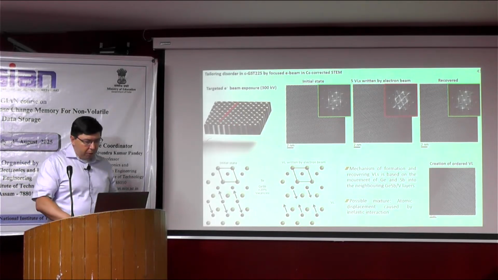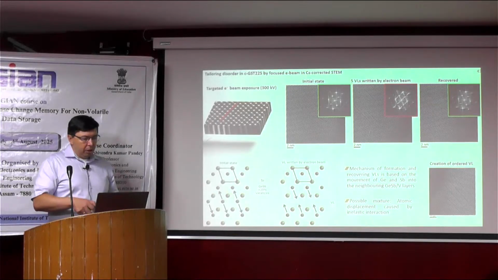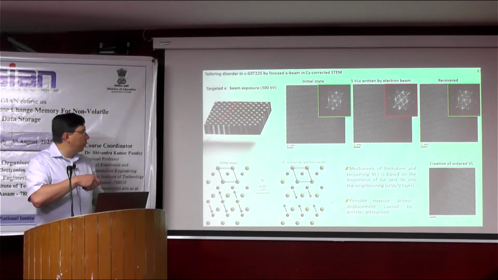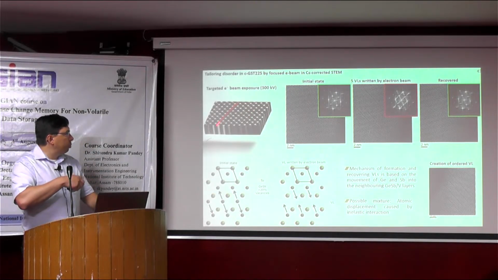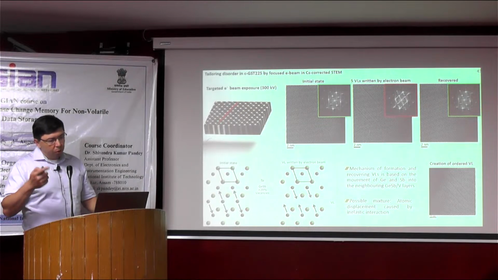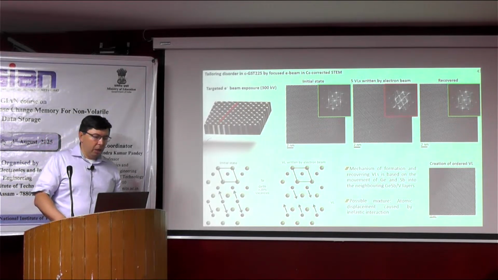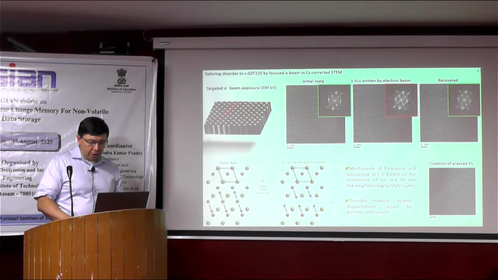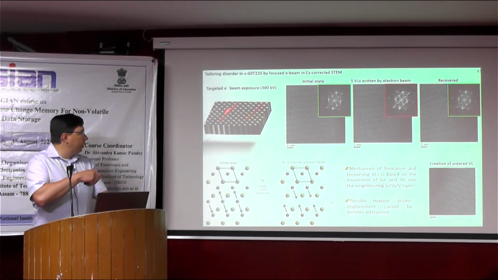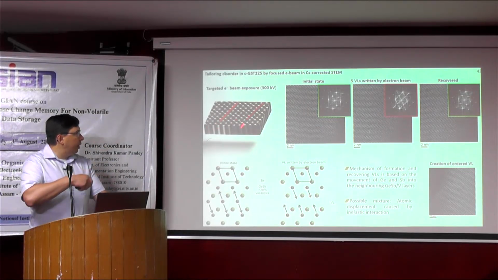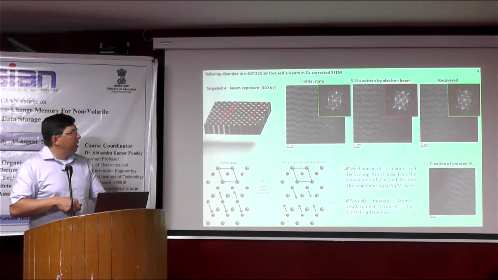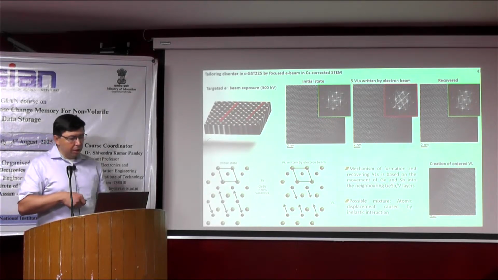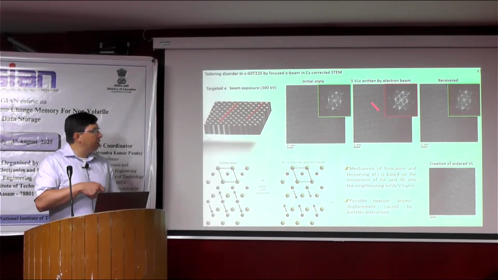If you scan along the germanium and antimony cation layers, we know already that they contain around 20% of vacancies. If you scan the electron beam here, on this place we can write so-called vacancy layers in our structure.